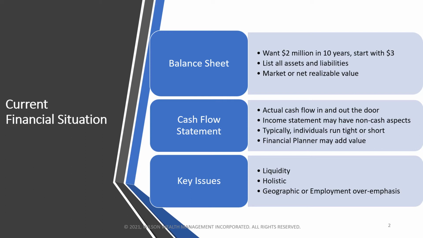If you want to build your target asset allocation and a successful investing base, the first thing you probably need to do is understand where you are from a financial perspective.